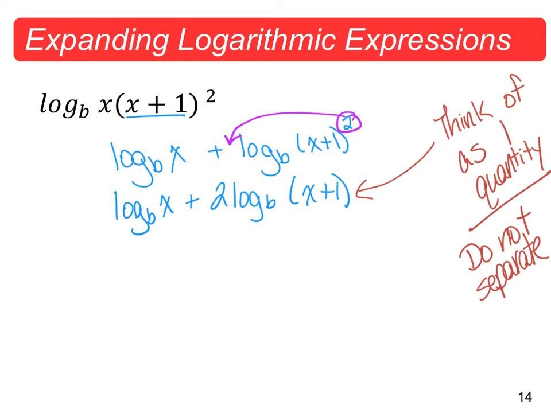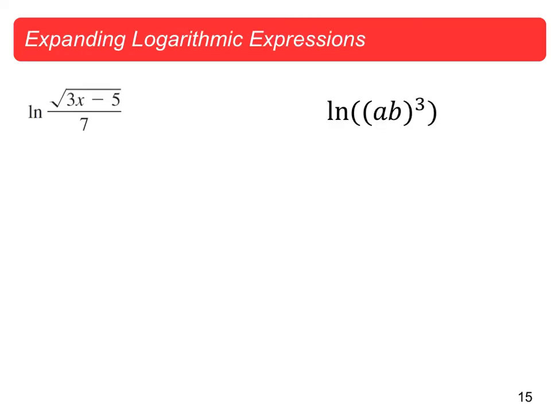Now, we've got another expanding, and this uses square roots. So our next one, I have the natural log of 3x minus 5. So again, you need to think about that 3x minus 5 as a unit. We are not separating that 3x minus 5. So I'm going to put right here, do not separate.